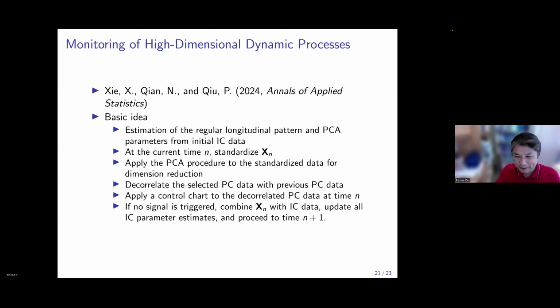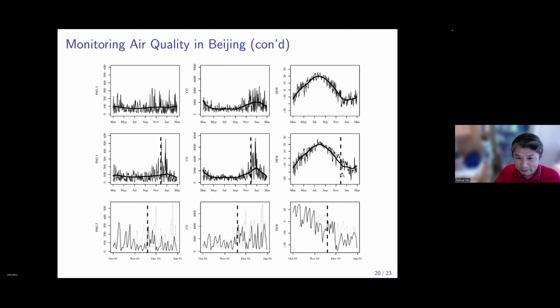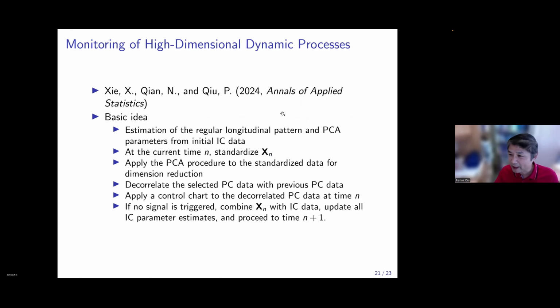But by using this approach, the dimension is only 3. In many applications, the dimension could be much higher. In this paper, for example, the real example we used is, I remember, 70-something dimensionality. There are 72 or 76 variables we want to monitor.